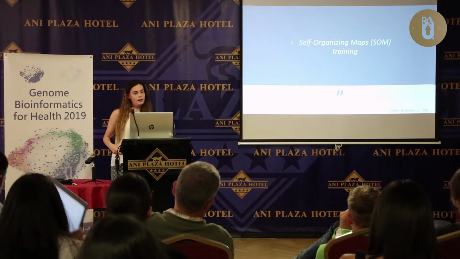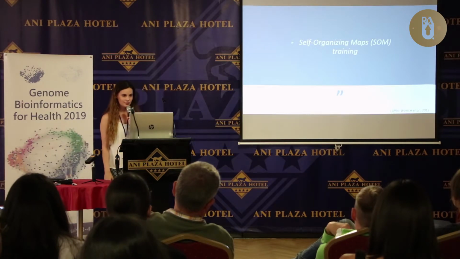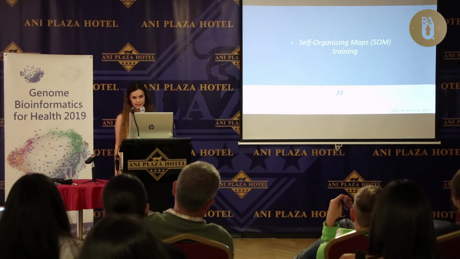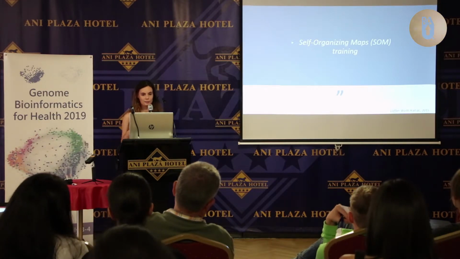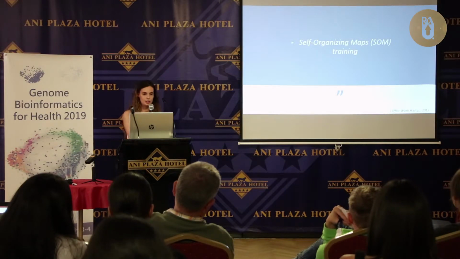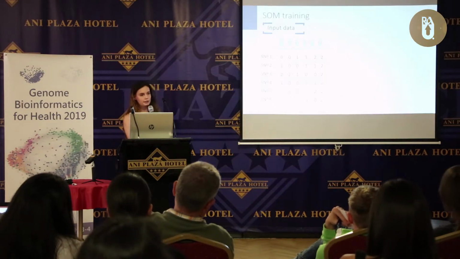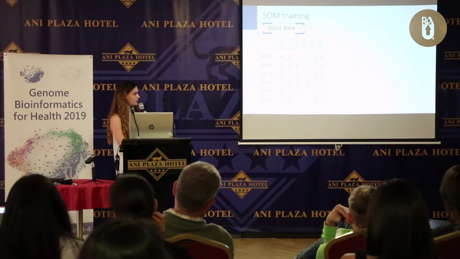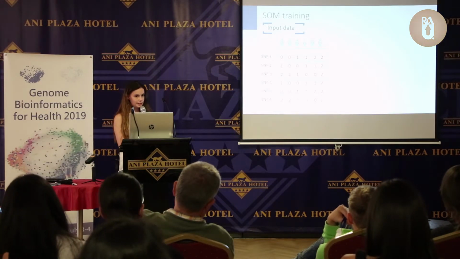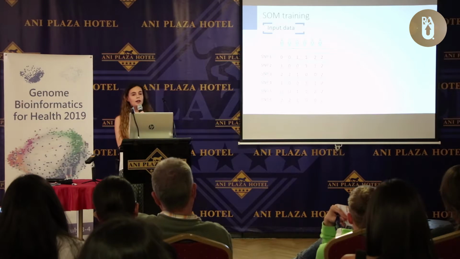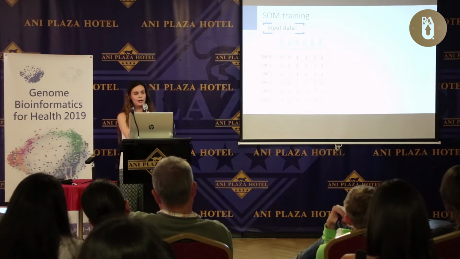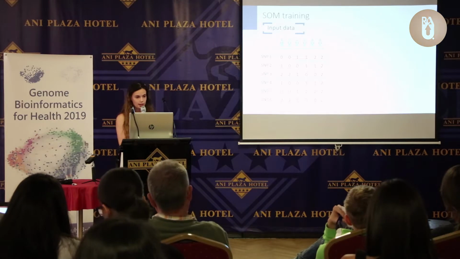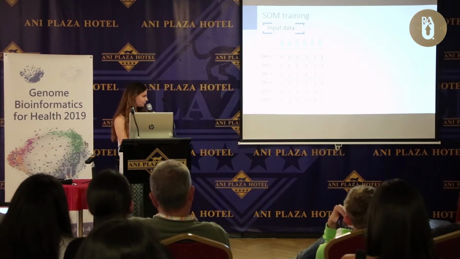Then we performed self-organizing maps-based analysis. Harry has already explained the pipeline, so I will just mention some specificities we used in this study. The input data of our study is the genotype matrix, where the columns are samples from different populations, grouped by geographical regions, and the rows are the SNPs.